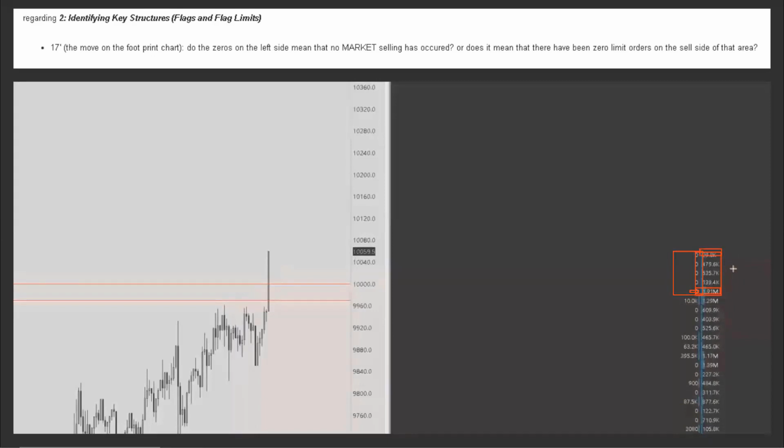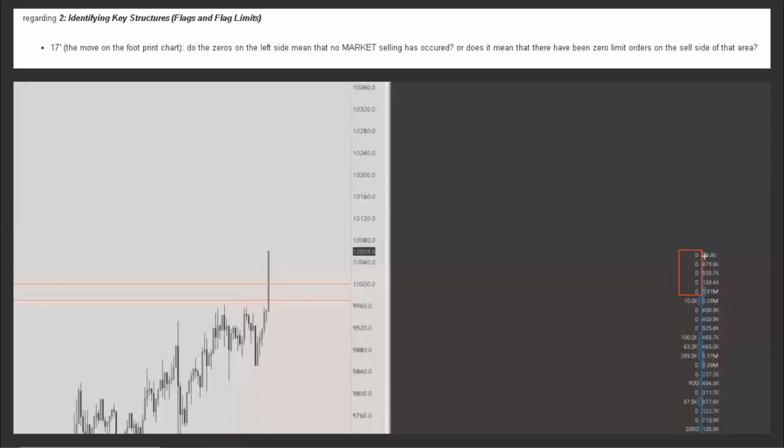And because that's happened all at once, there's just no time for sellers to hit the bid to sell into whatever bids might have come in here in the split second this happened. And quite often, because this all happened so quickly, there won't even be any bids here.